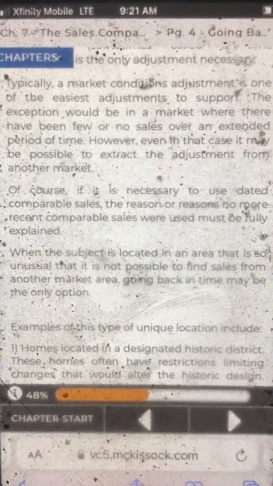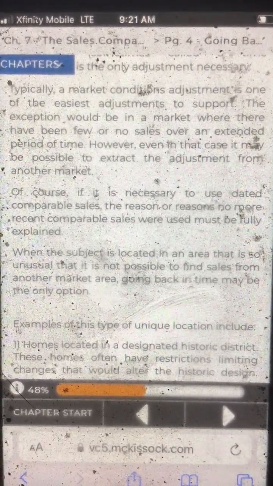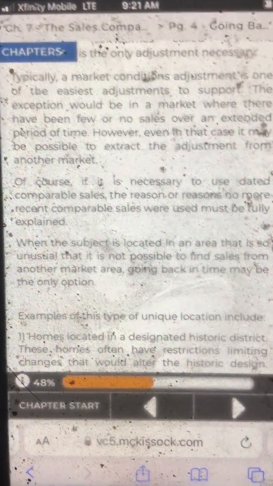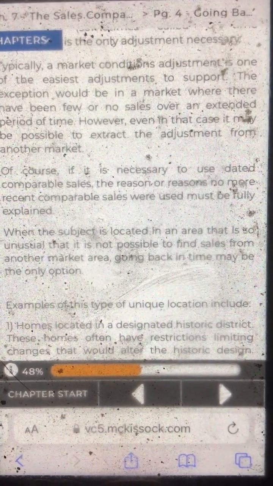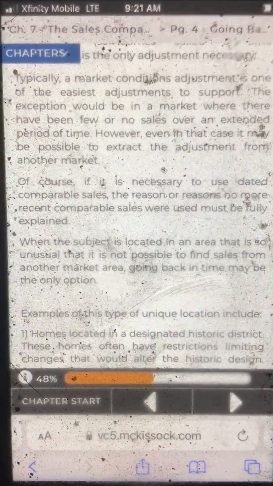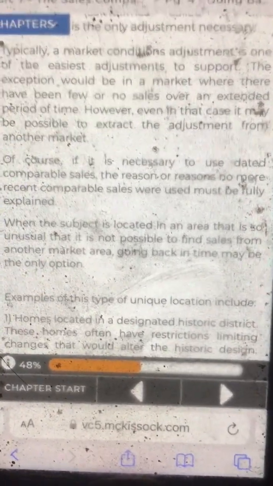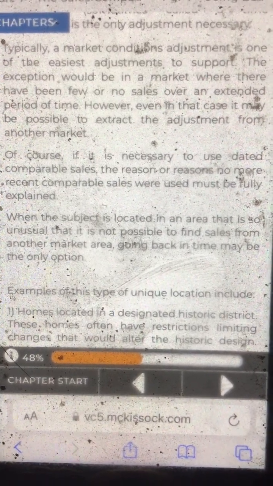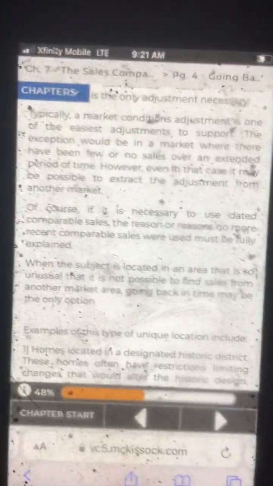Typically, a market conditions adjustment is one of the easiest adjustments to support. The exception would be in a market where there have been few or no sales over an extended period of time. However, even in that case, it may be possible to extract the adjustment from another market.